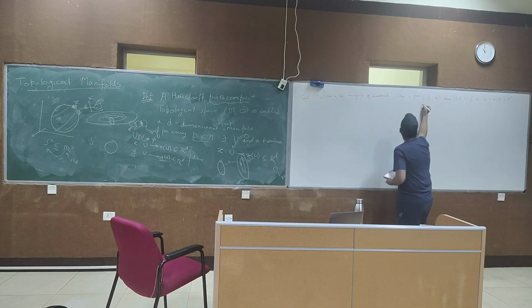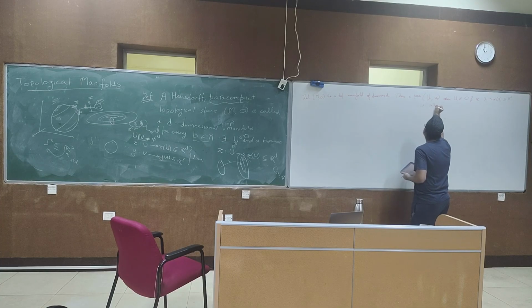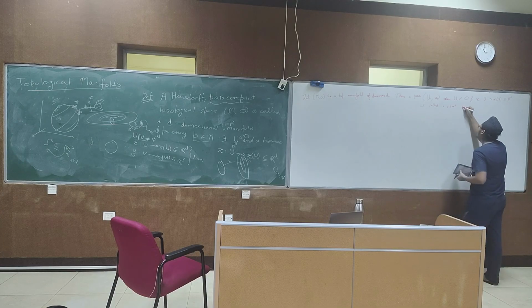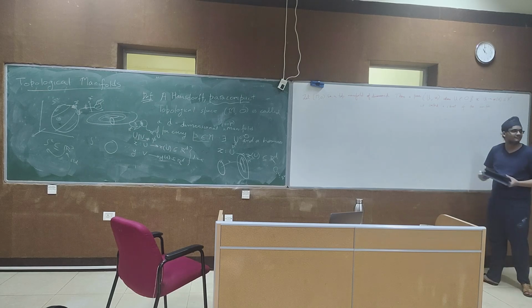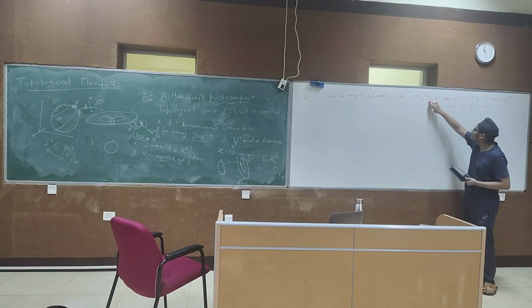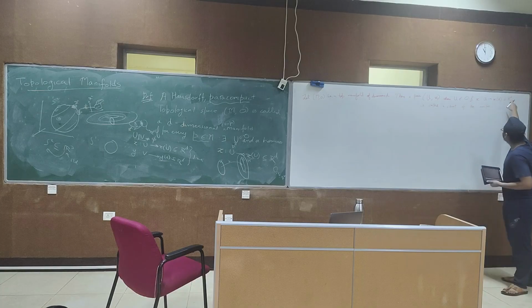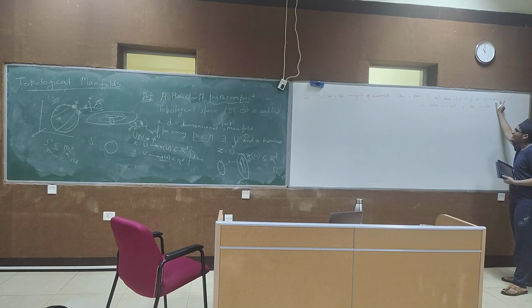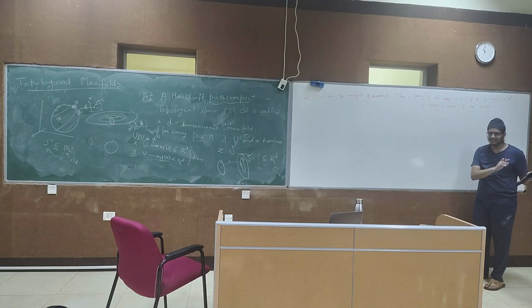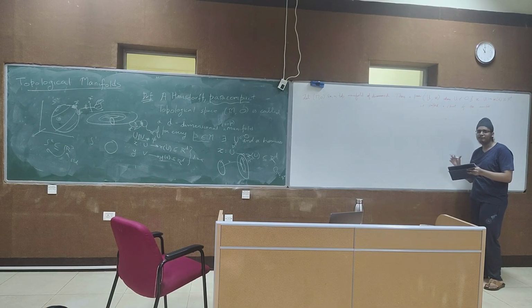This pair is called a chart of the manifold. So the pair of the open set U along with the homeomorphism which maps it to a subset of R^D is called a chart. A chart is just an open set along with the map which homeomorphically maps it to a subset of R^D.